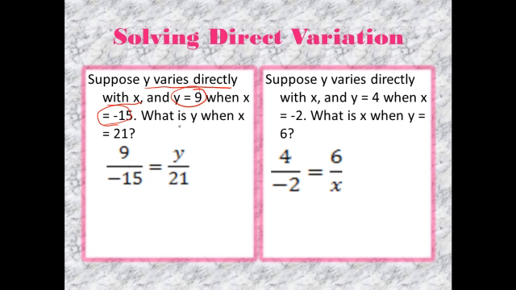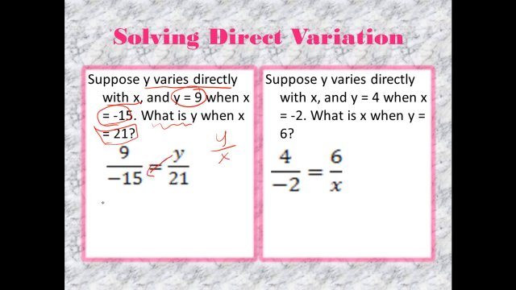We want it to equal what we're trying to find for y when x equals 21. So we set up in the same order so that y's are both on top and x's are both on bottom. The same relationship as y divided by x. To solve the proportion, we cross multiply.